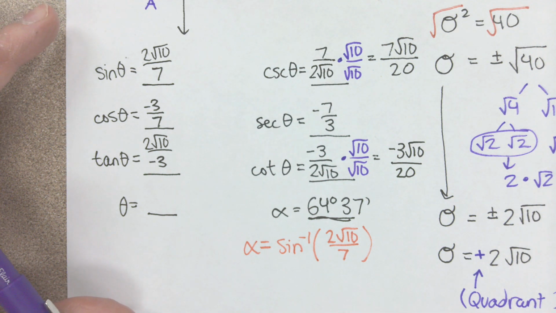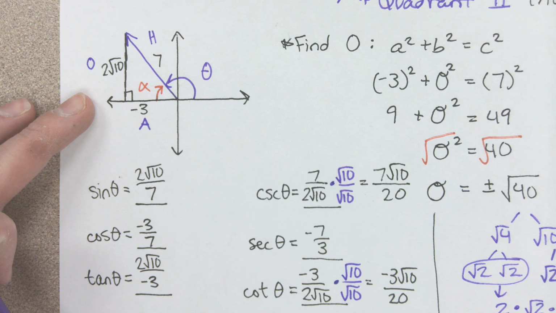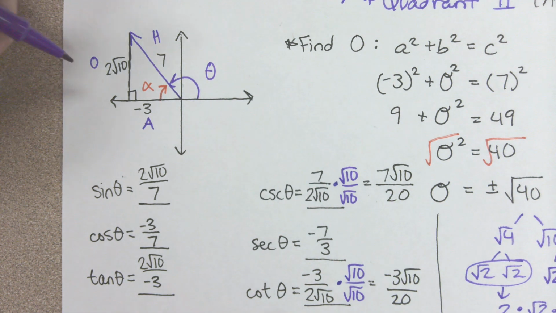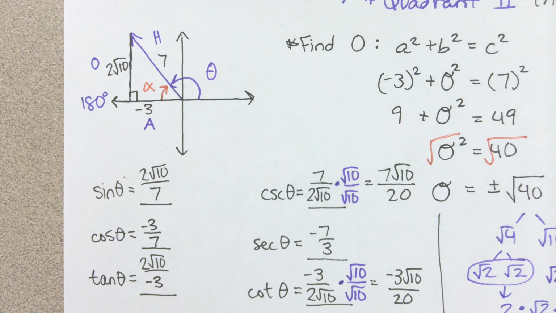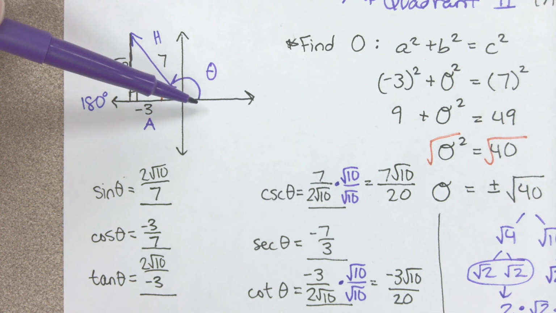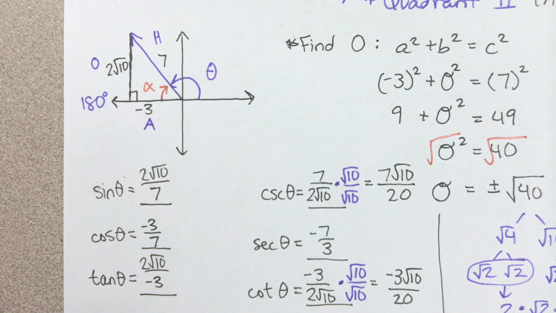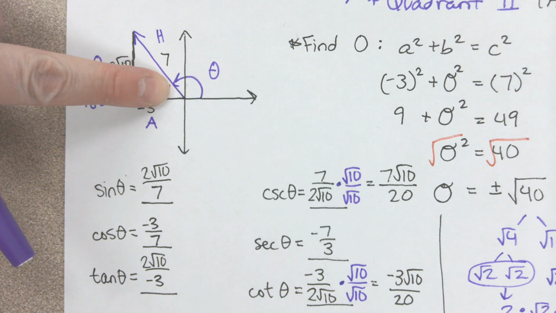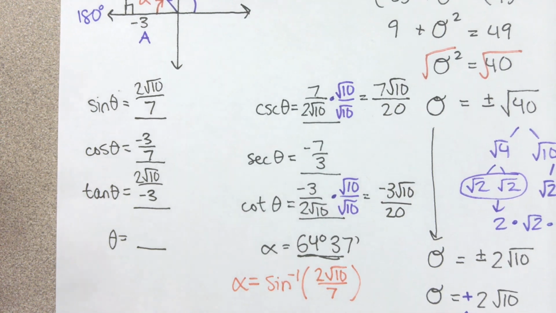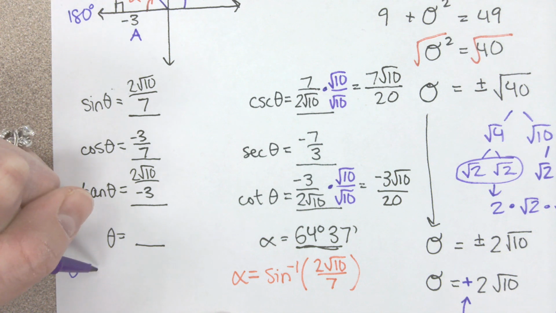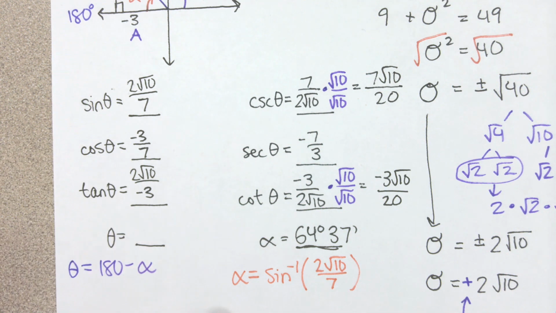To find theta, you have to go by the rule of whatever quadrant you're in. And again, it helps to notice that on the left side of the x-axis here, we have 180 degrees. As you can see together, theta and alpha make 180. So if I do 180 and take away the alpha, I'll get the theta. So for this quadrant, the rule is theta equals 180 minus alpha. I'll just do that in my calculator.